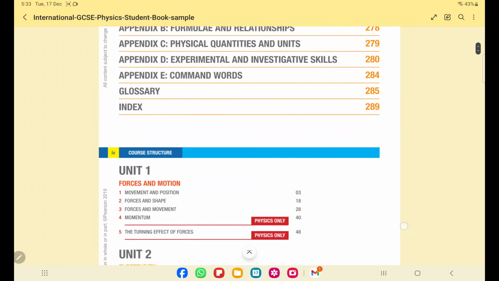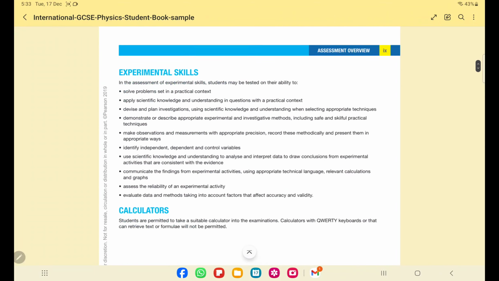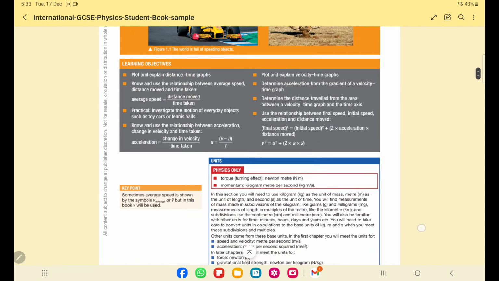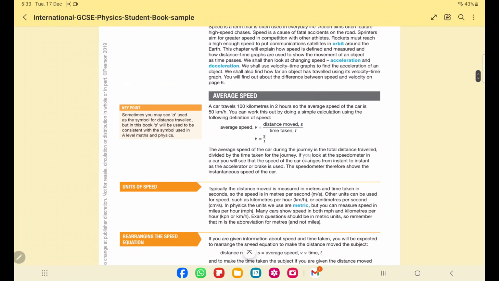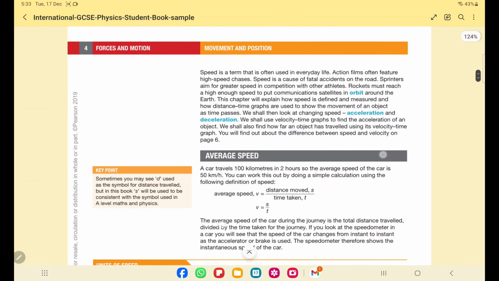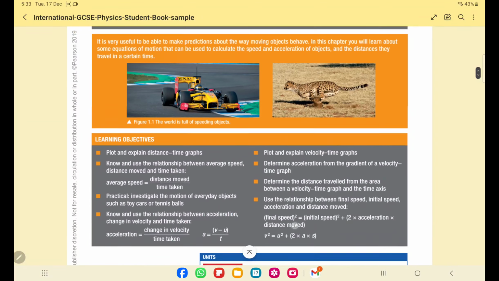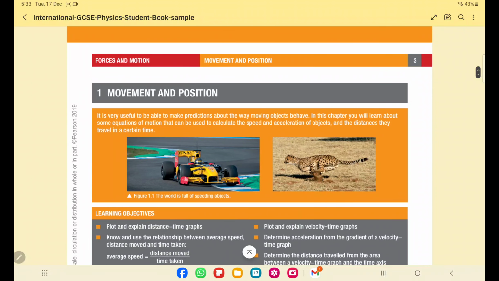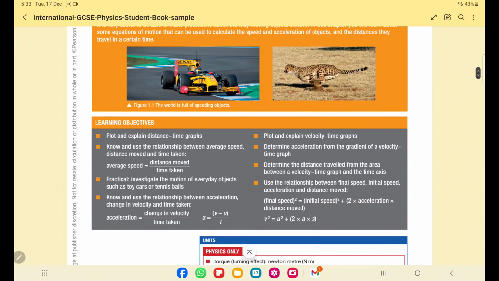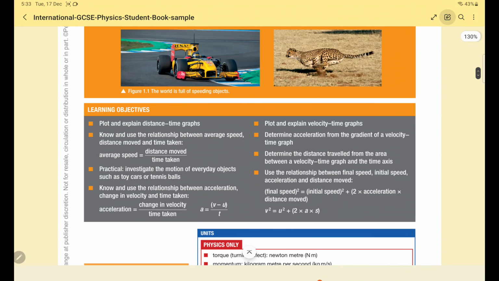This is your book. In your Pearson Edexcel book, I think you should have its hard copy. It is the topic which we are dealing today. The topic is force and motion. Yes, it is the first unit, movement and motion. They are starting with speed.